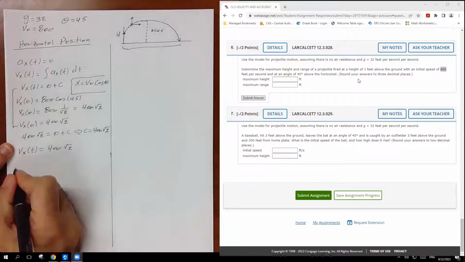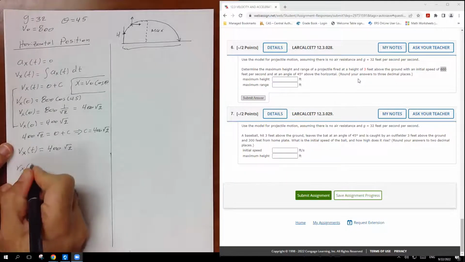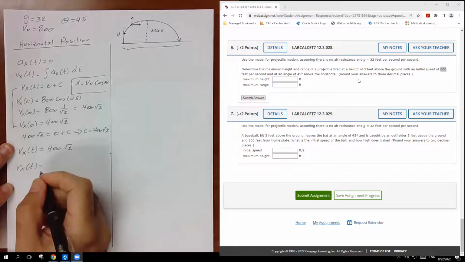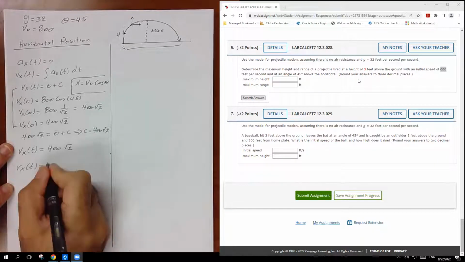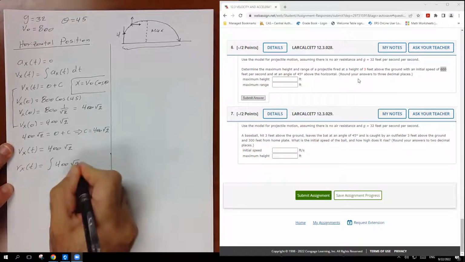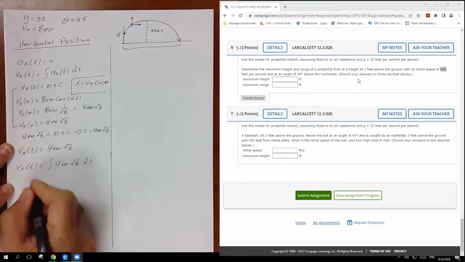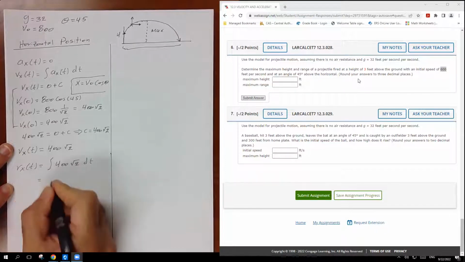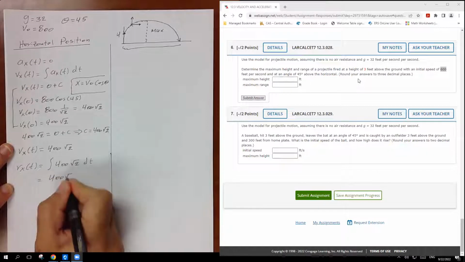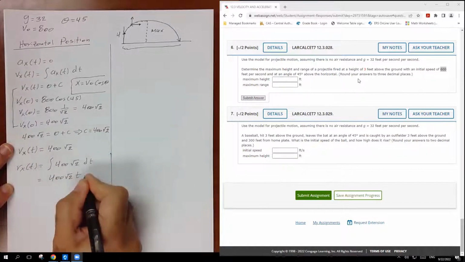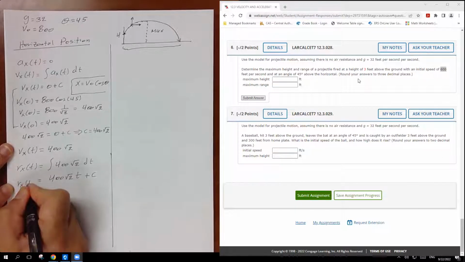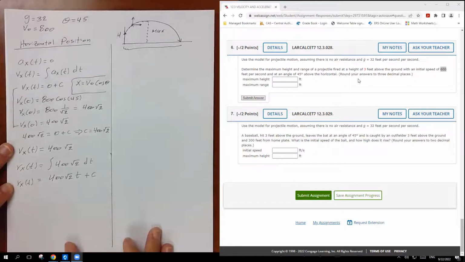So the position with respect to the x at t seconds is going to be the integral of 400 square root of 2 dt, which is going to be 400 square root of 2 t plus c, r sub x with respect to t. Now I have to keep going.